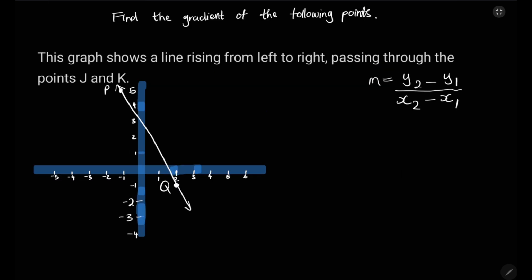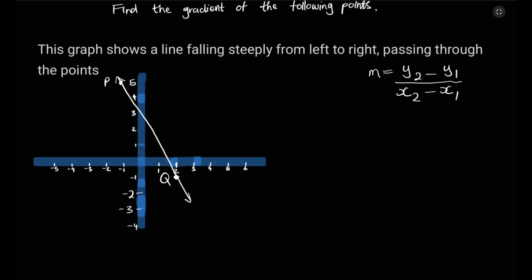Find the gradient of the following points. This graph shows a line falling steeply from left to right, passing through the points P and Q. So let's use our graph to find the coordinates. For P, there we have 5, but let's remind ourselves, that's our x-axis and that's your y-axis.